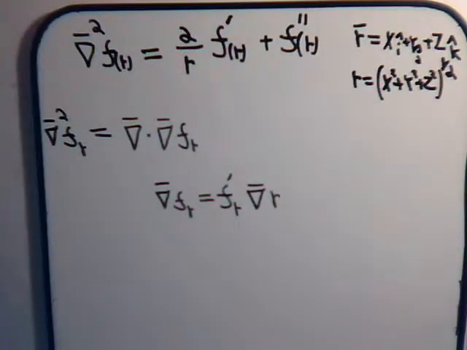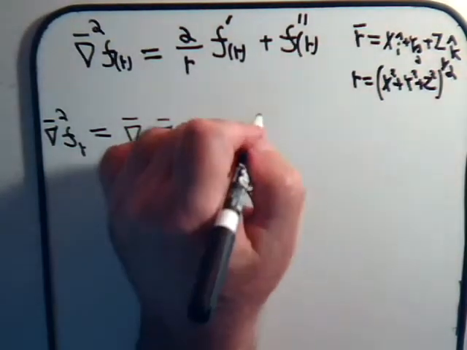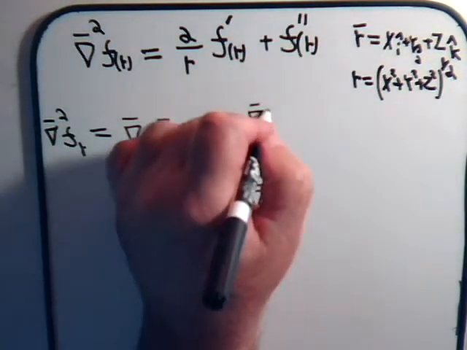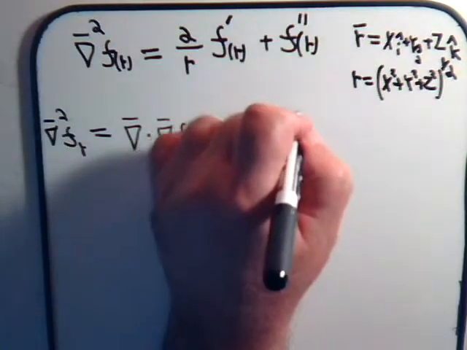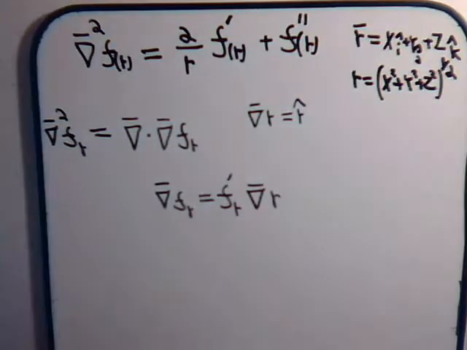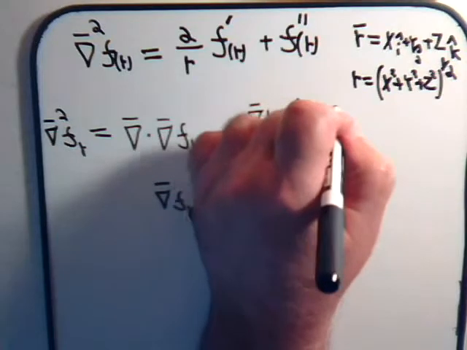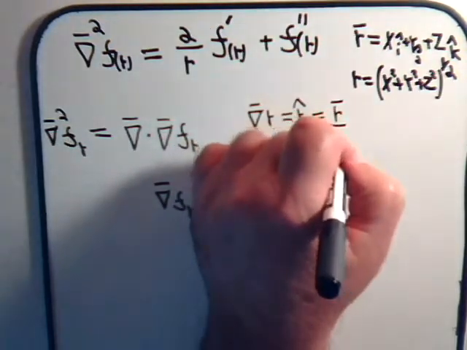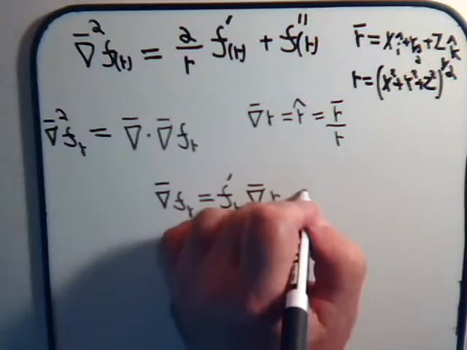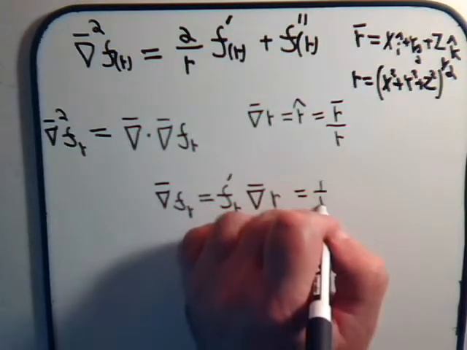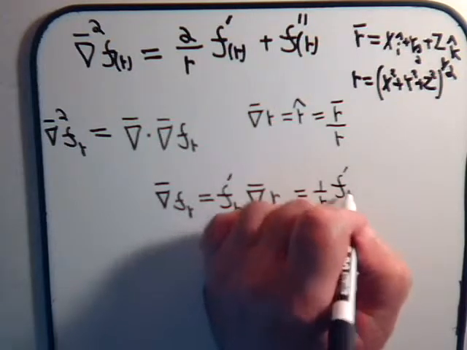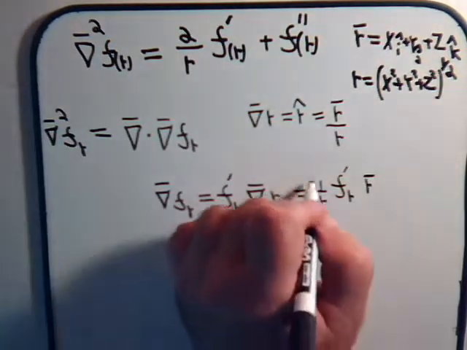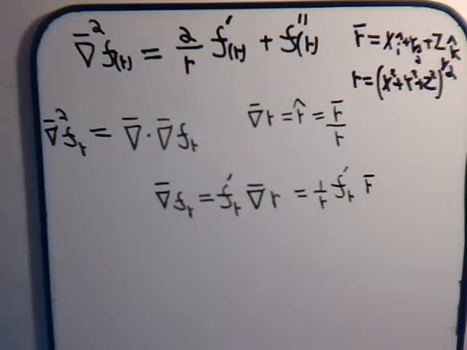And if you've watched the earlier videos, you will know that the gradient of the magnitude of any position vector is equal to the unit position vector. Or we write it like this. So this is equal to 1 over r times this derivative multiplied by the position vector r.